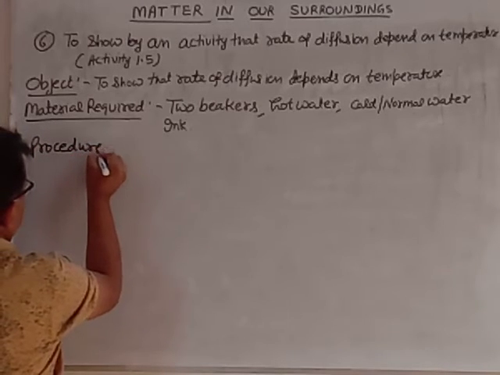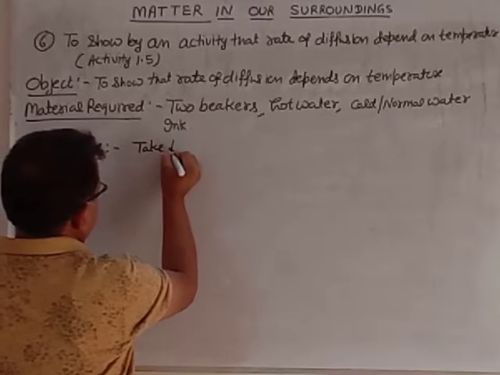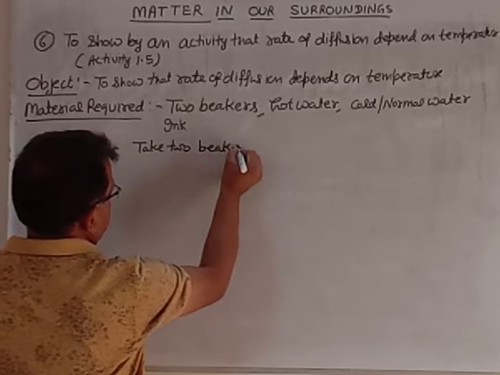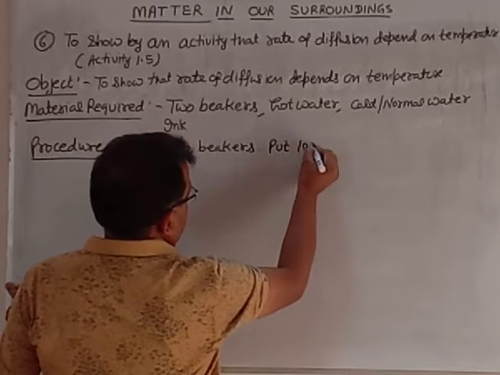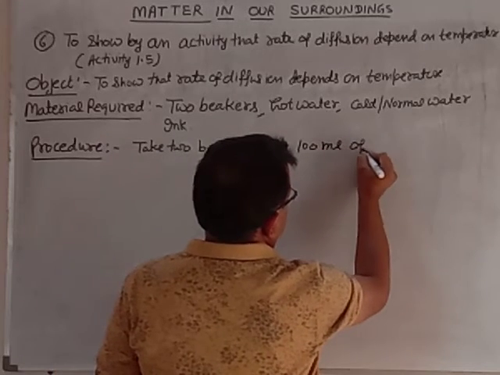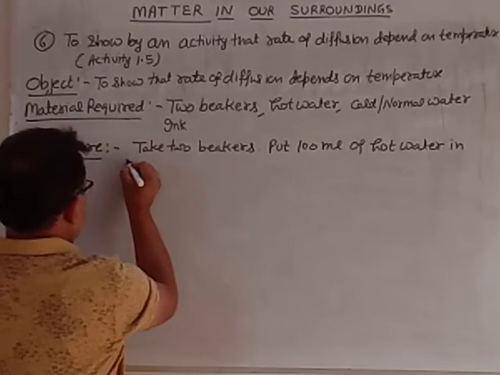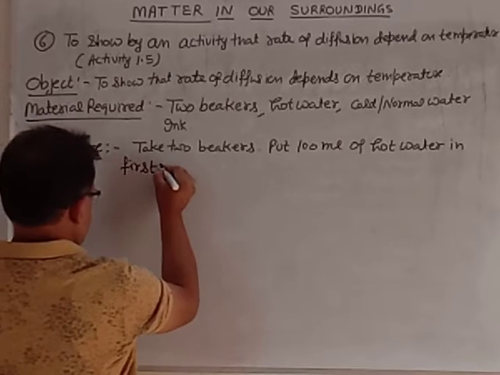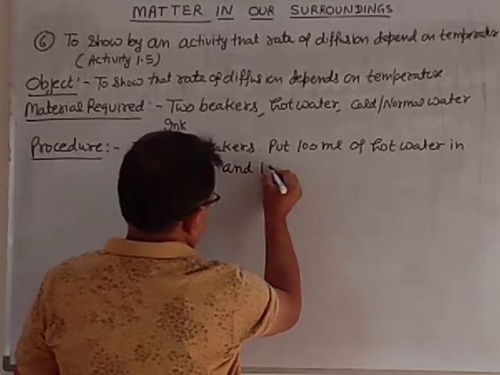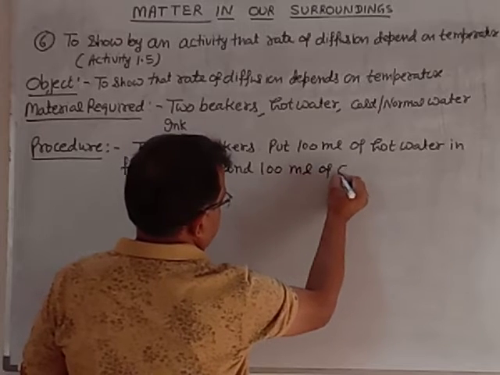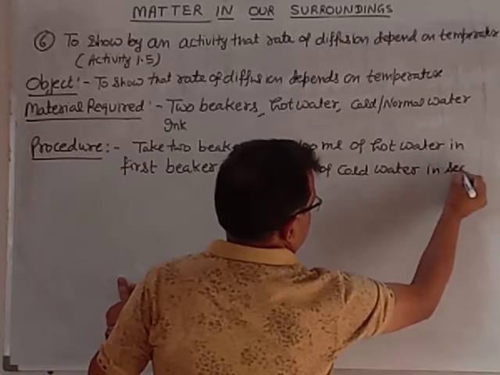Procedure. Take two beakers. Put 100 ml of hot water in the first beaker and 100 ml of cold water in the second beaker.